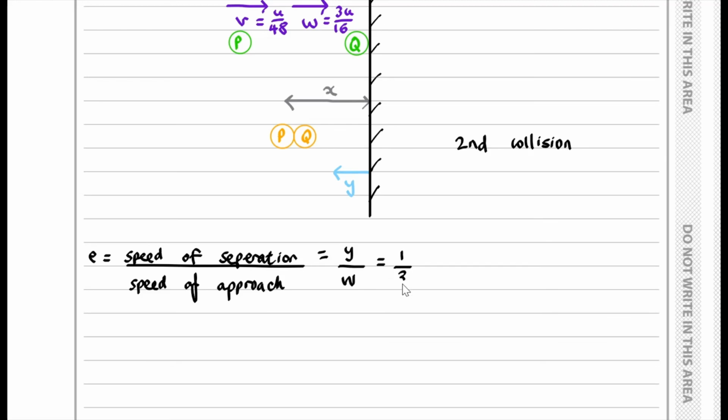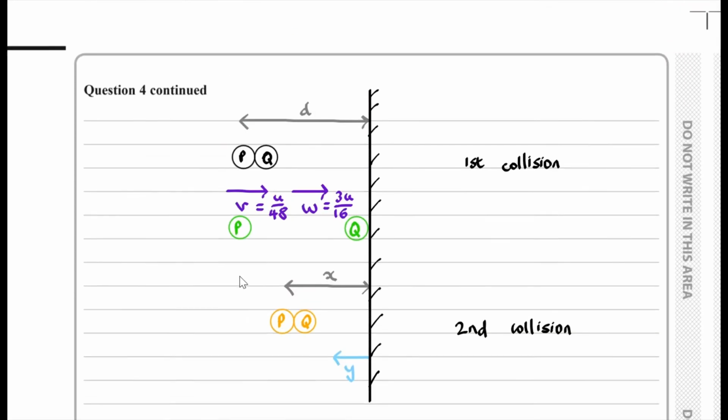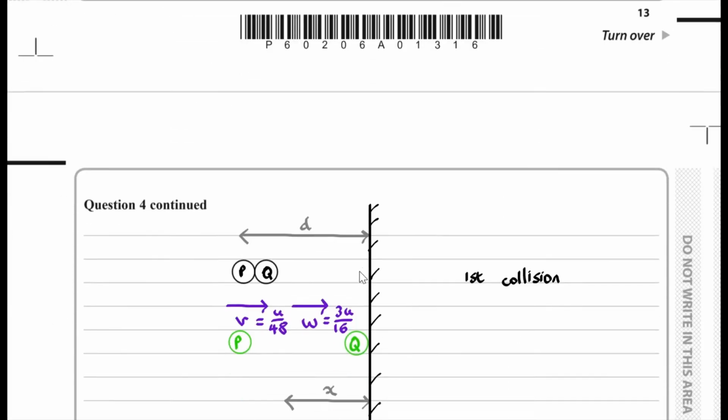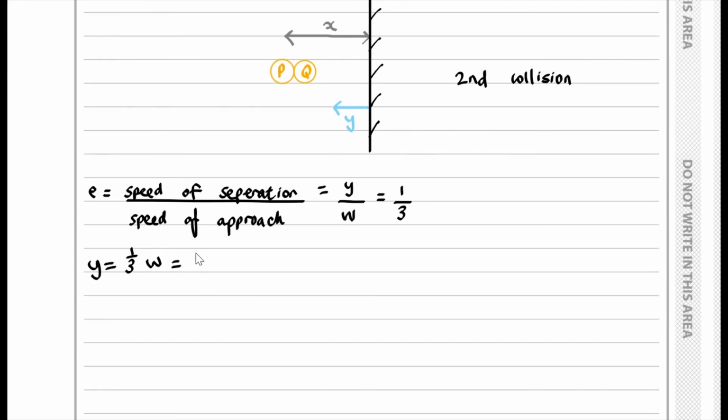We were told that in the question. So if we rearrange, y is equal to 1/3 w. We know what w is already, we worked that out over here somewhere, that's 3u over 16. So we have 1/3 times 3u over 16, we get u over 16.